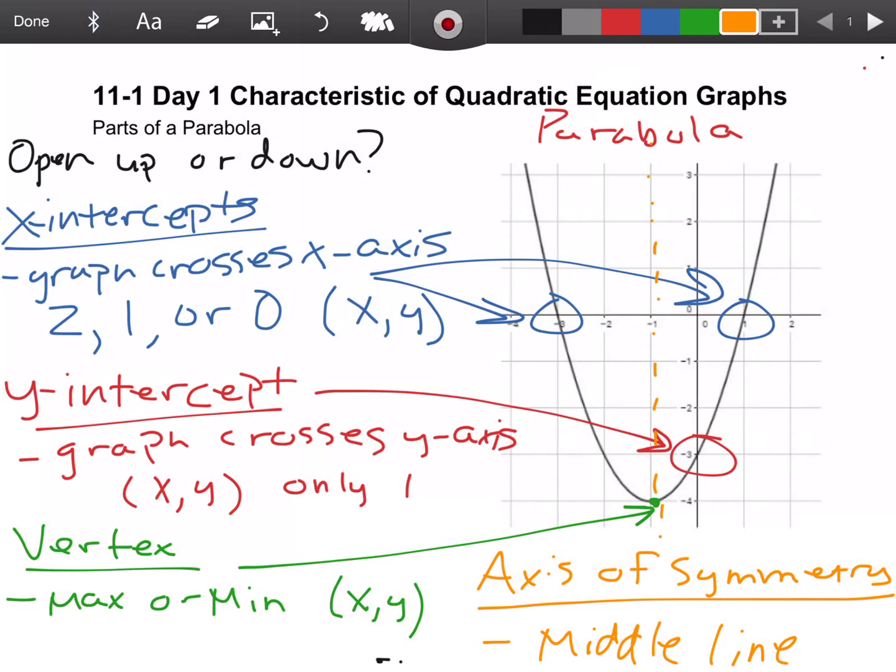Just like that. Sorry, it's not very accurate, but right down there. Since it's a vertical line for a parabola, it's always going to be an equation x equals some number. So those are the different parts, and today's lesson, all we're doing is labeling what all of these are. Does it open up or down? The x-intercepts, the y-intercept, the vertex, and then the axis of symmetry.